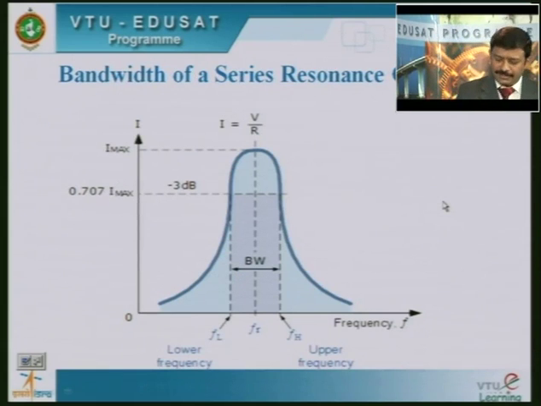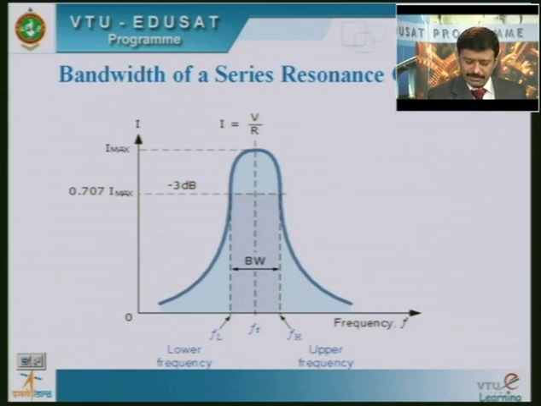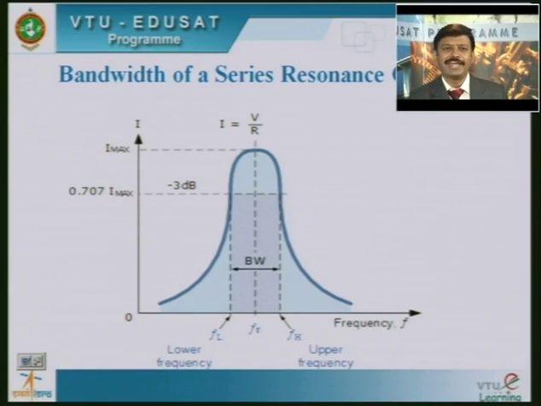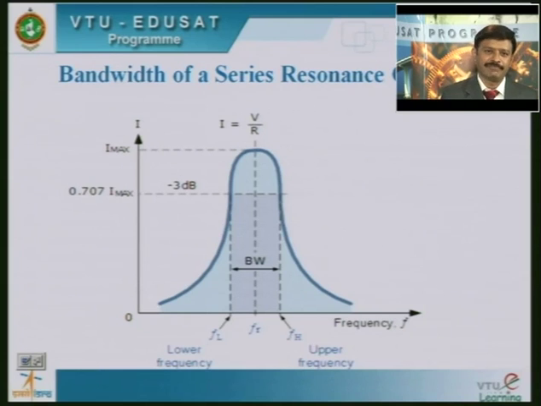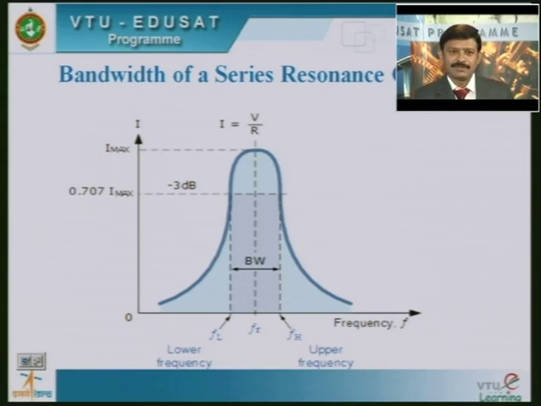Now, what is bandwidth? Most of the time in the question paper, you may observe this question: define bandwidth of RLC series resonance circuit, and derive an expression for bandwidth.